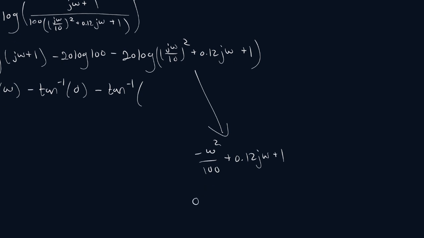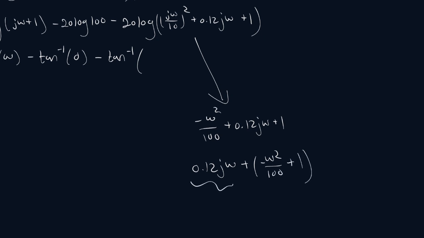Now I can see the following is true. So this is my imaginary part. This is my real part. So how I'm going to write this is like the following: 1 over 2 w all over 1 minus w squared over 100. Okay, that's how I'm going to write this.